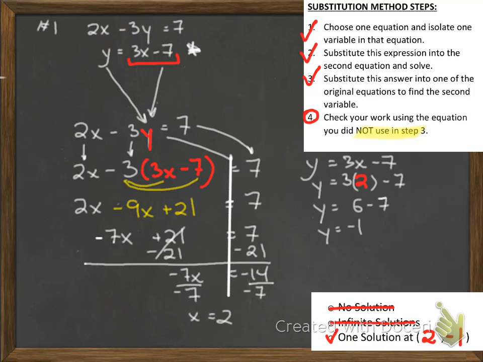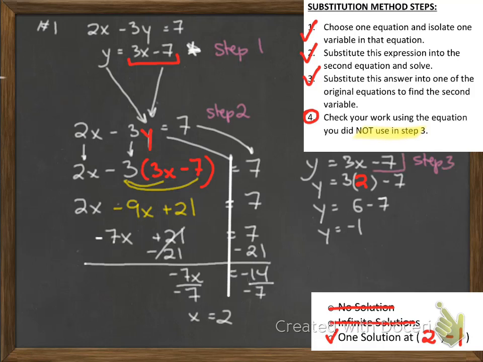So let's just stand back for a second and label our steps. This is step 1 here, right? We already found an equation where the variable had already been isolated, so that was step 1. This is step 2 right here. We substituted and solved for x. Then this is step 3 here, where we're finding the other variable.